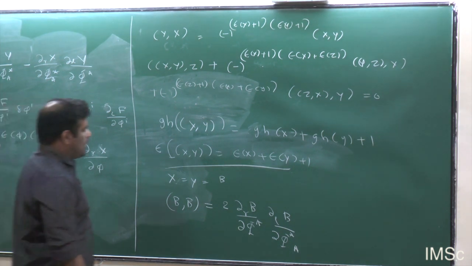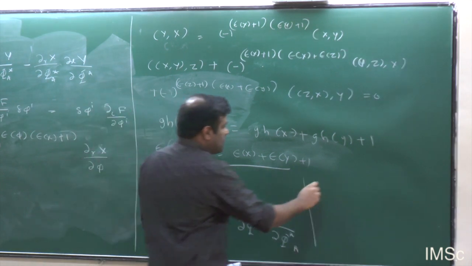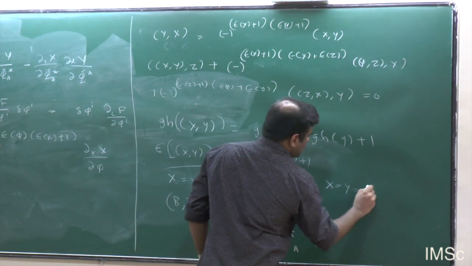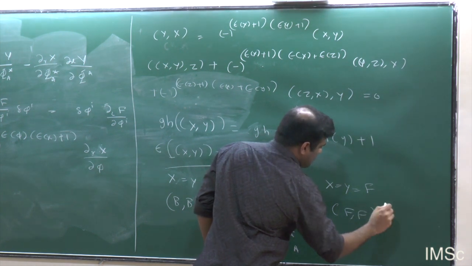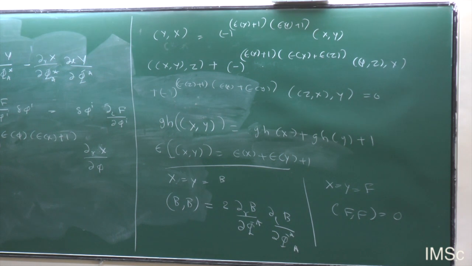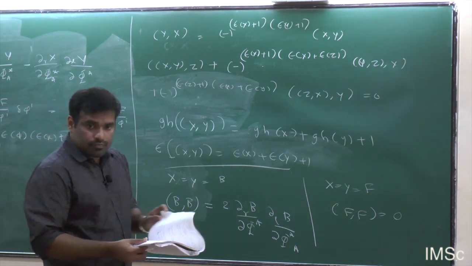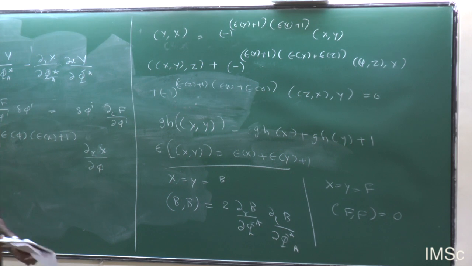And assume that x equals y equals some fermionic field, say f, then the anti-bracket of f with f itself is equal to 0. So this is a trivial statement. So for that we have to use this relation. Zero. It's Grassmann even.